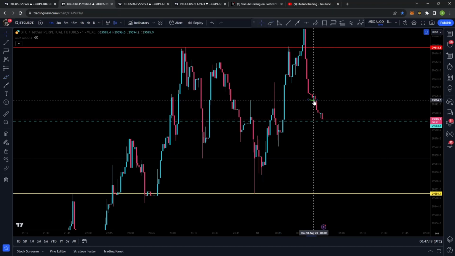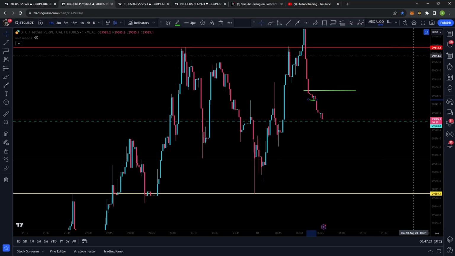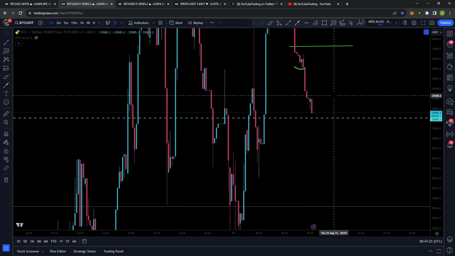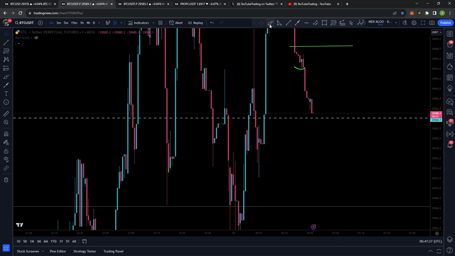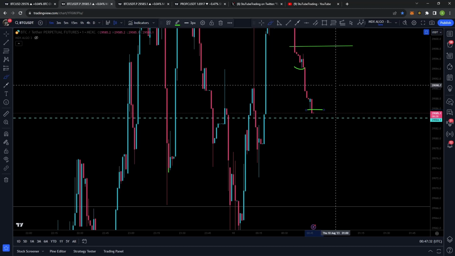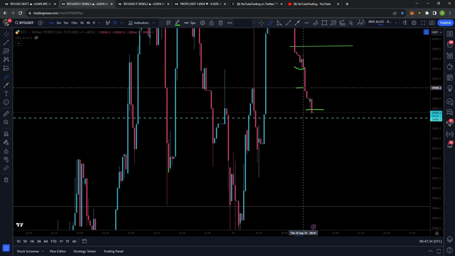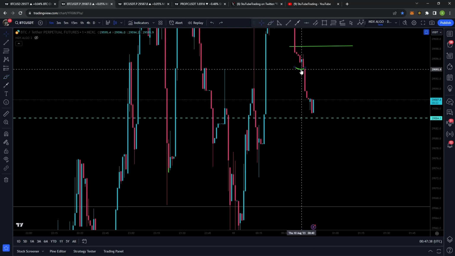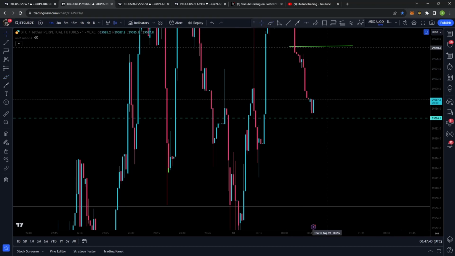I'm just not sure how much I want to be in this position right now. Actually, I'm going to tighten it up even more because we broke this as well. So you know what? I'm just going to set my stop loss basically right there. Like I said, I kind of wanted to be out of my position as we get close to break even here.